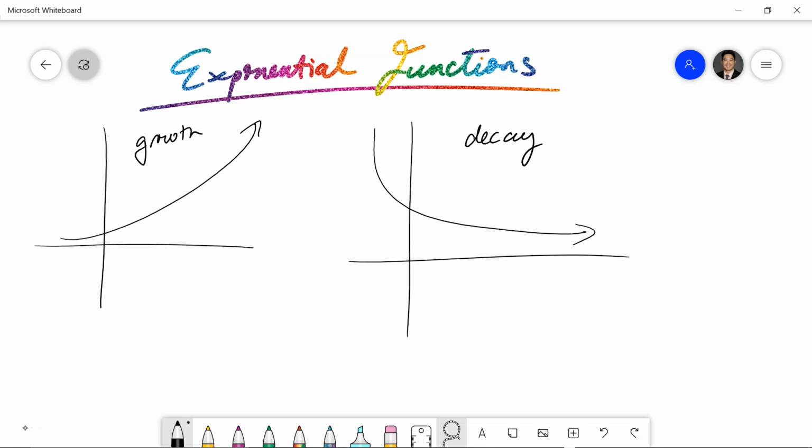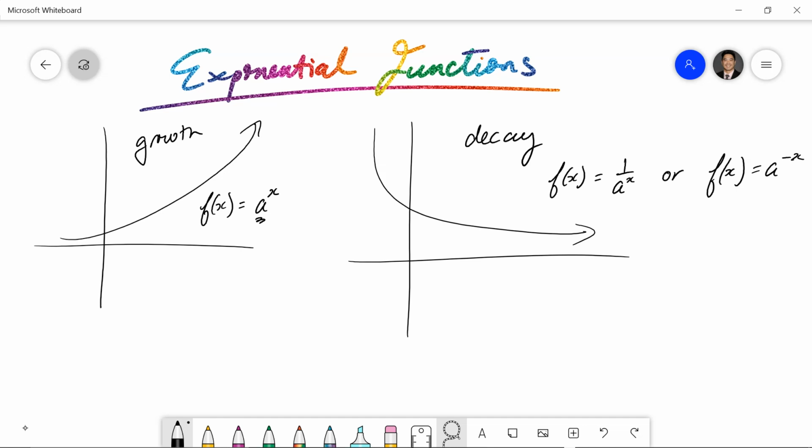The function for exponential growth would most likely be something like f of x equals a to the power of x, where we have this base of a. The exponential decay is going to be represented as f of x equals 1 over a to the power of x, or you could have a to the power of negative x.